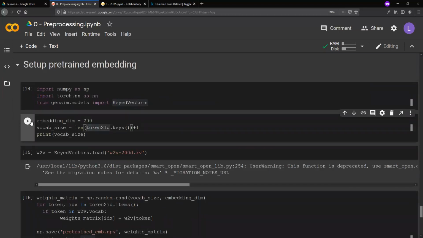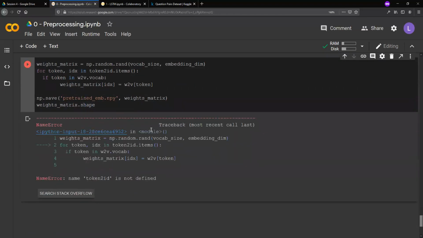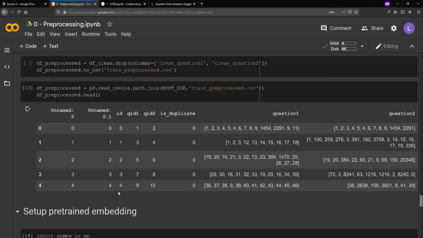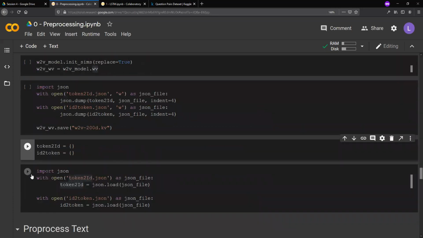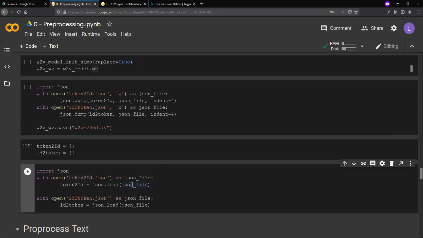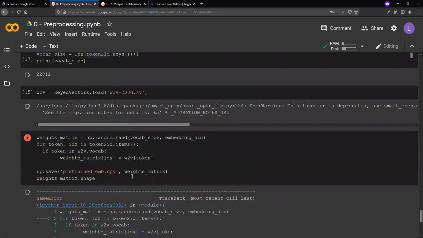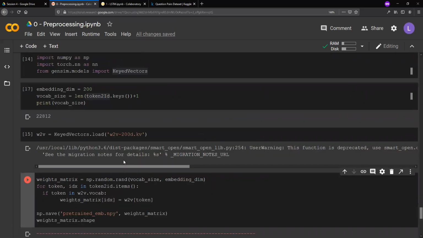We forgot to run this. I think I forgot to load in token to ID.